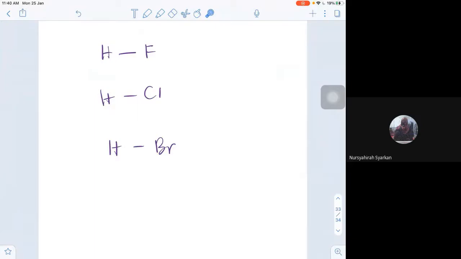They are not the same atom, so the electron distribution will not be symmetrical. They are not balanced, so they will move towards fluorine for the first one. So we show the polarity by using this. Then for hydrogen chlorine, chlorine is more electronegative, so the bond is also polar towards chlorine. And then HBr, Br is more electronegative, so this bond is also polar towards bromine.